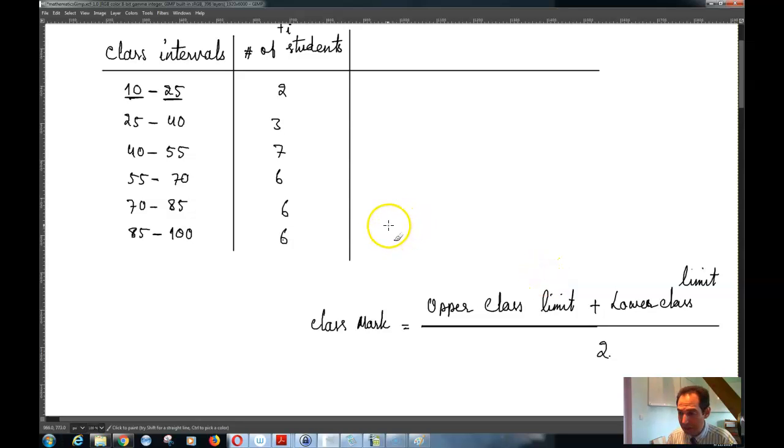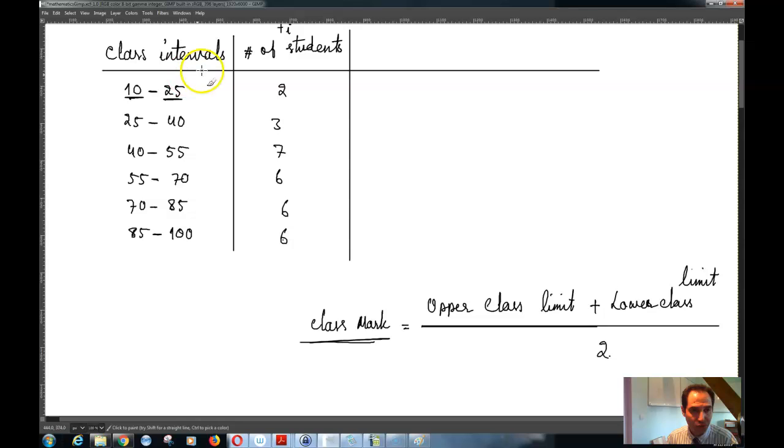So it's some sort of assumption that we make that the frequency of each of the class intervals is centered around the midpoint of that class interval. So the midpoint, or the class mark, of each class can be chosen to represent the observations falling in that class. Recall that we find the midpoint of a class, or its class mark, by finding the average of its upper and lower limits.